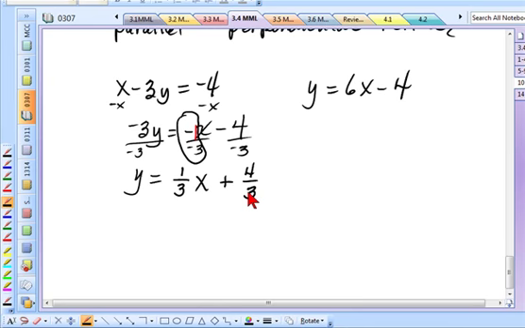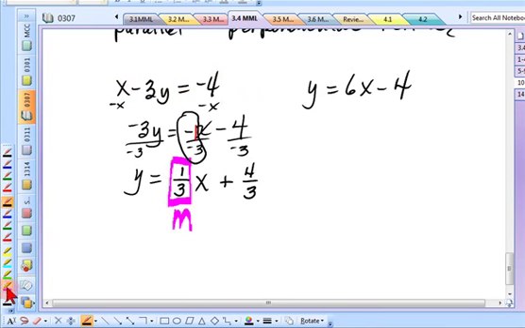Now, why did I do that? Why did I solve it for y? Right, and what do I need from this equation? The slope. The slope is 1/3. I didn't know that when I looked at it in this form, but I do know it now.